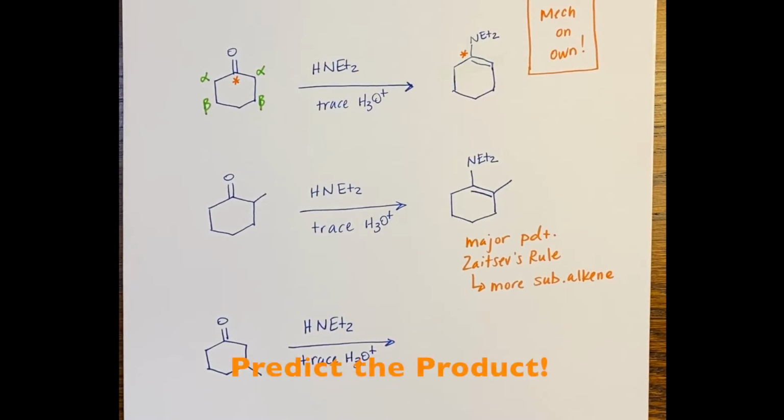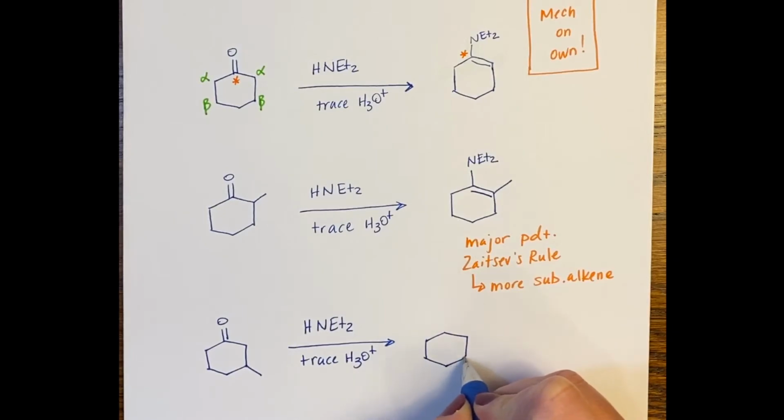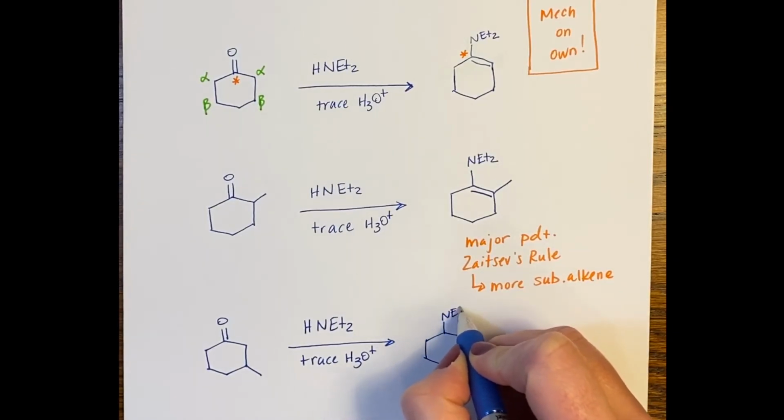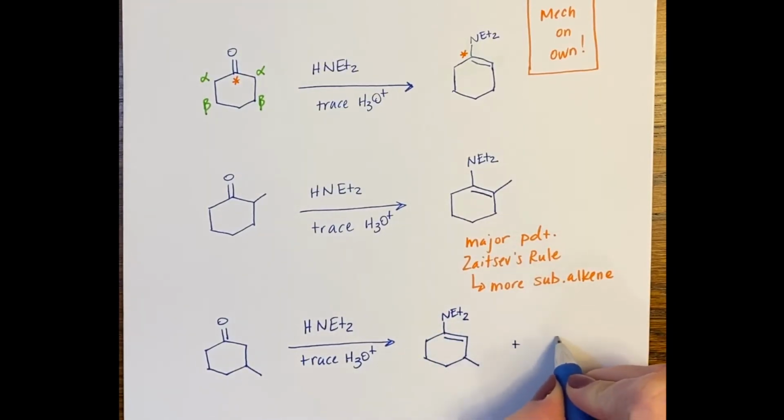Pause the video and predict the product. In this case, I will get 2 products out of the reaction. I will get this product here plus this product here.